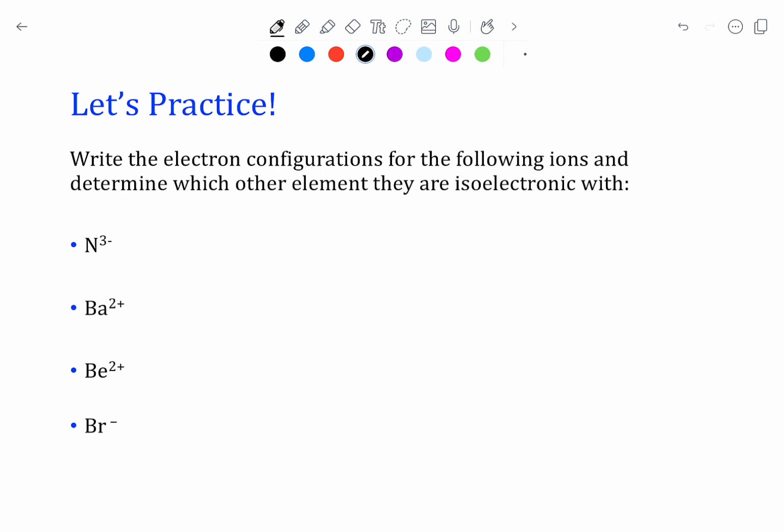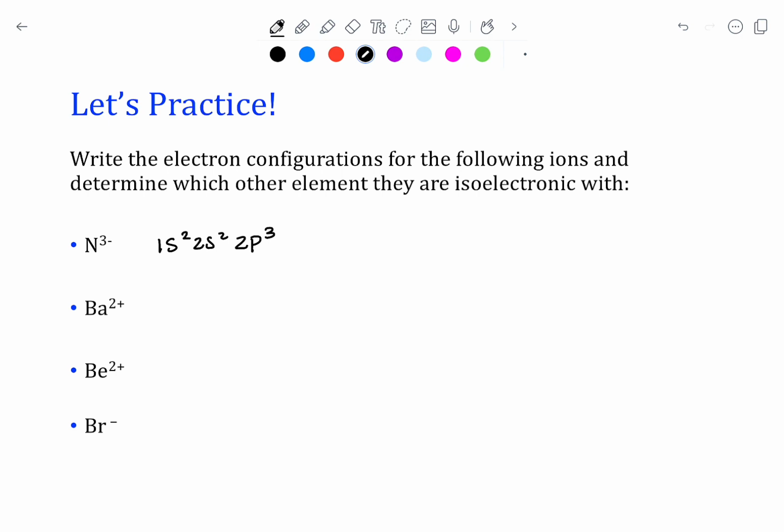We are still learning, so feel free to pull out that diagram and utilize it as we go through these problems. So let's look at nitrogen 3 minus. We're going to first draw out our electron configuration of nitrogen, which is 1s2, 2s2, 2p3.